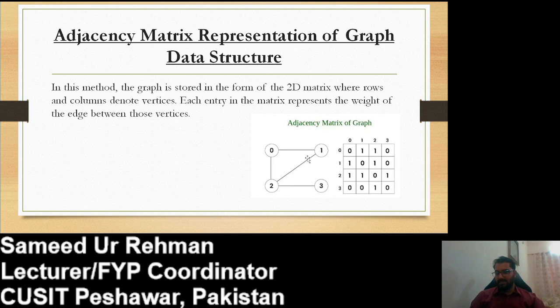For example, consider this graph with nodes 1, 2, 0, and 3, and these are the edges. To represent this in a matrix, we write the vertices on the rows and the columns. In that matrix, the numbers represent the weight associated with the edges.